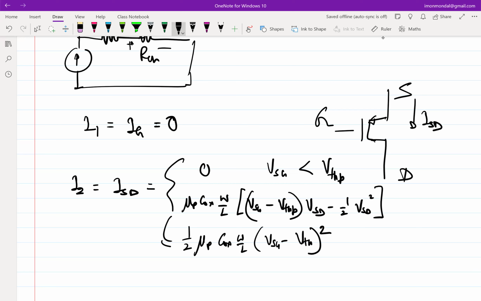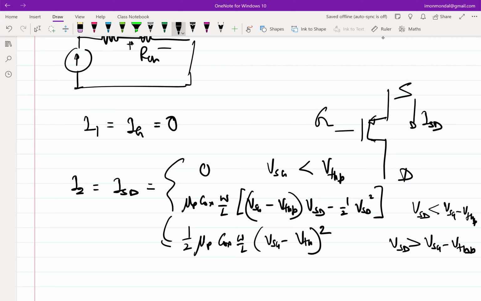So what are the boundary conditions? In this case, the boundary condition is when VSD is less than VSG minus threshold voltage. And in the other case, the boundary condition is VSD is greater than VSG minus threshold voltage.